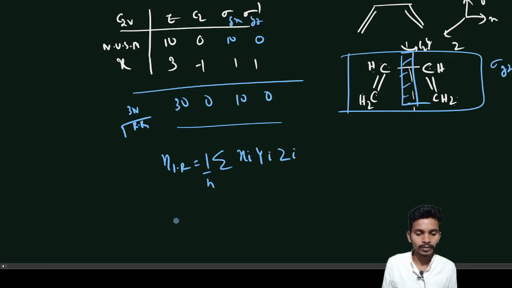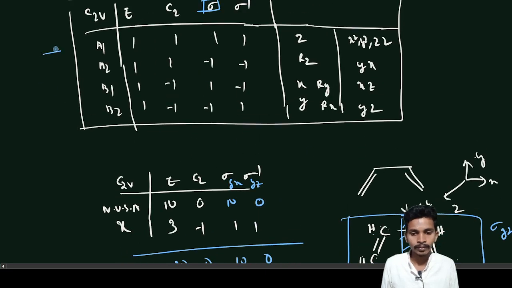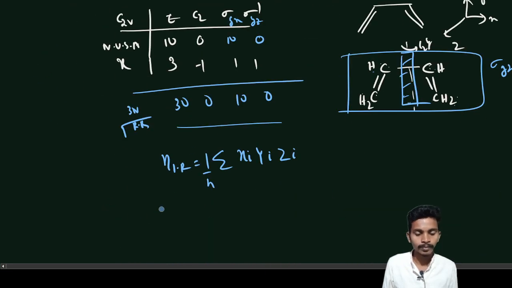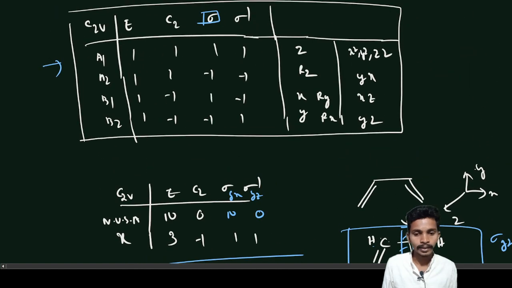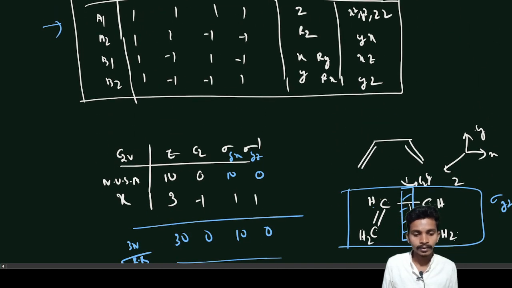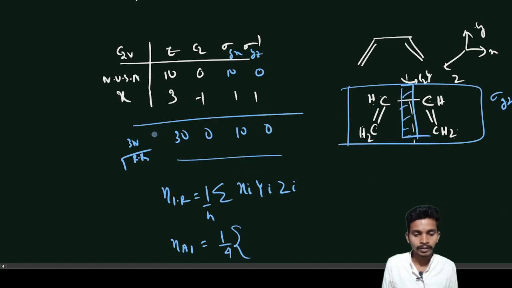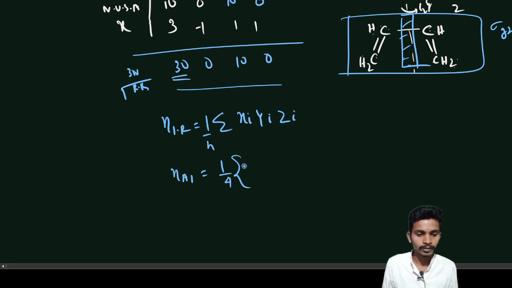So now first we will go for a1. In a similar way as you did for the water case, you do the same things. For a1, the order of this point group will again be 4, because this is C2v, and xi is the reducible representation, that is 30.